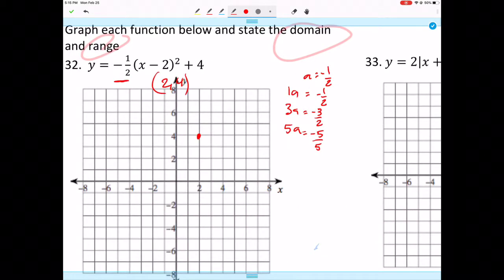We'll go over 1 down 1/2, over 1 down 3/2, over 1 down 5/2, over 1 down 7/2. Okay, and we can continue this pattern as far as you want, and it will just mirror over the other side.